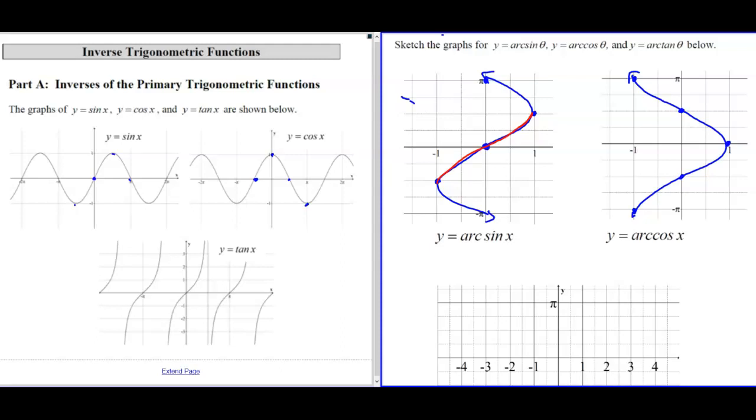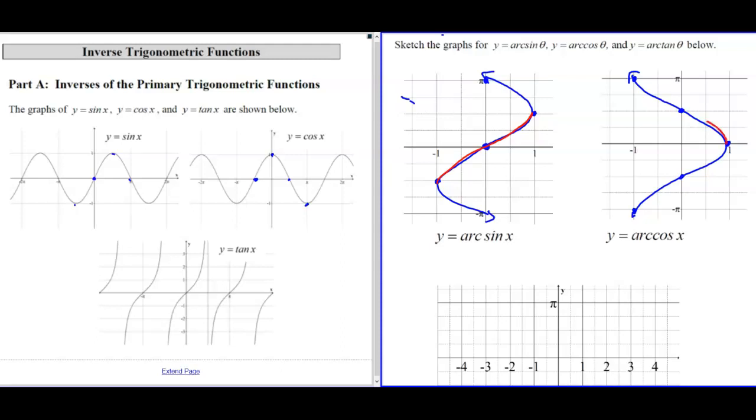Is that a function? No. So we want to restrict it. For sine, we went about the origin, below and above. This part, if I do it like that, it's still not a function. So I want either this part or this part. By convention, it's going to be the positive values rather than using negative pi to 0.